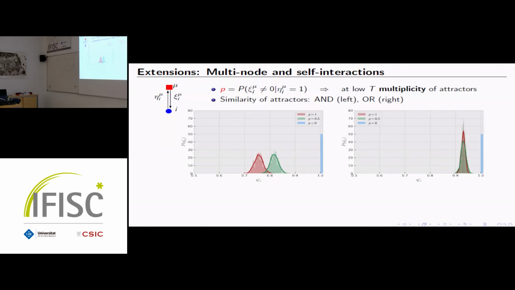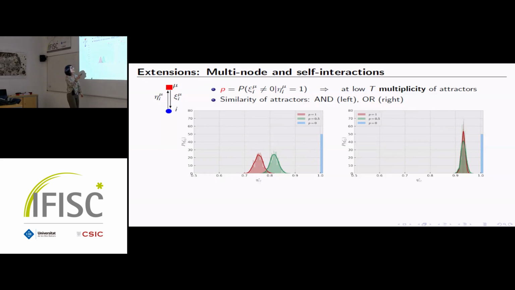The left panel is for the AND logic, and the right panel for the OR logic. And what you see is that if P is 0, so there is no self-interaction, then there is only one attractor, so all the dynamics converge to the same attractor, the similarity between different dynamics is just 1, maximal, and you have a single peak at 1.